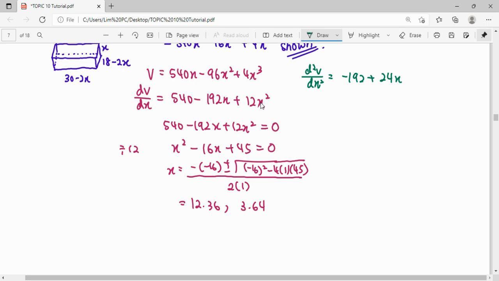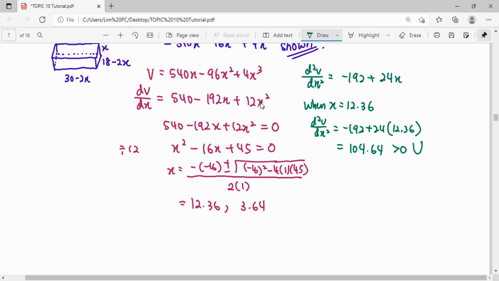So we substitute the first critical value, x equals 12.36, and our d2V/dx squared is positive, so concavity is upward.